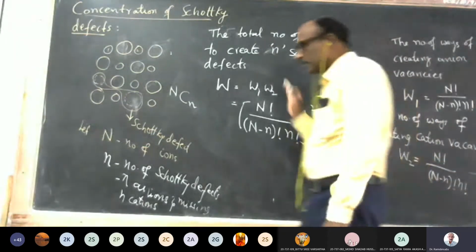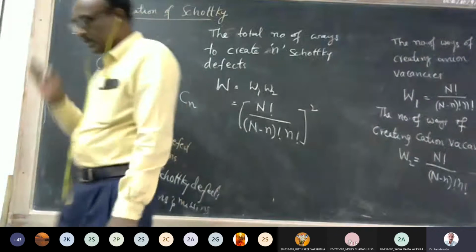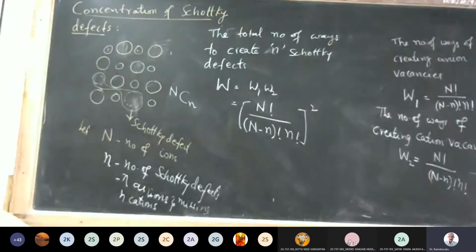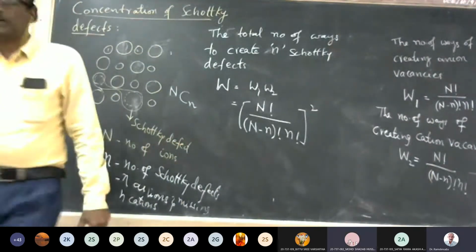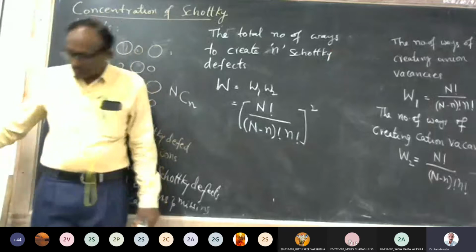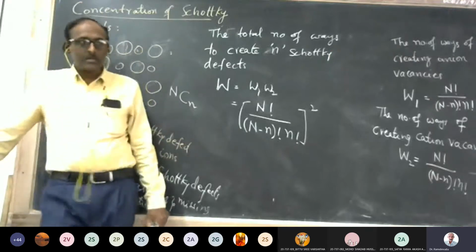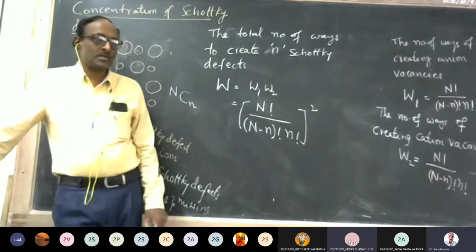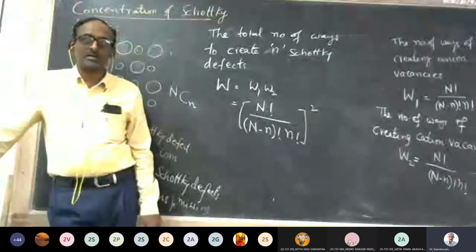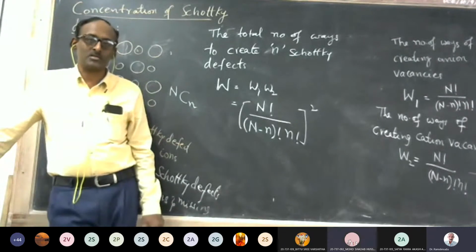But in case of Frenkel defects or Schottky defects, charge neutrality means that in general any object by itself is electrically neutral unless you remove or add some charge to it.